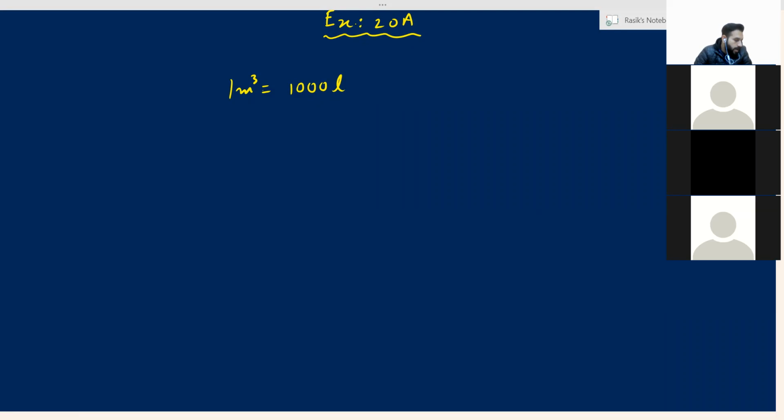Anything else? Find the area of the iron sheet required to make the cistern. You have to also find the total surface area of the cistern. The dimensions are given: length, breadth, height. We cover the outer portion of the tank with iron sheet. When we make something, we apply the material only on the outer portion.